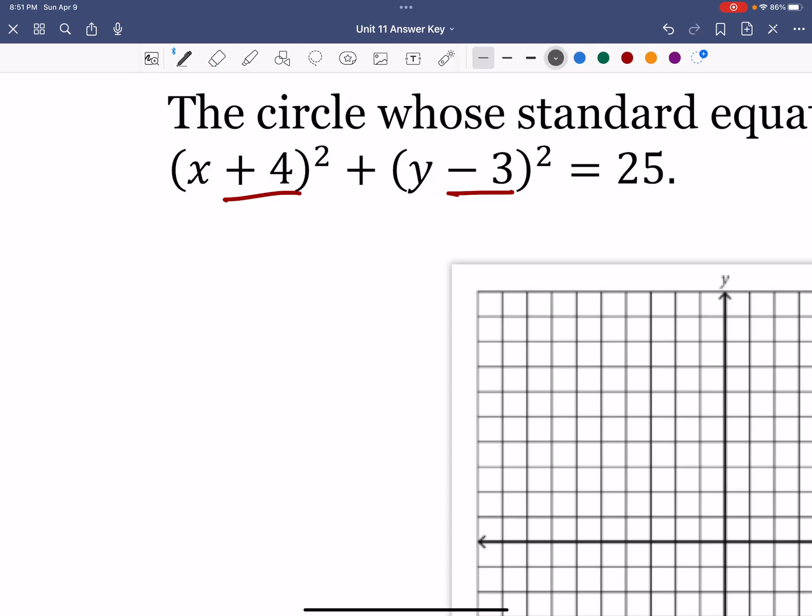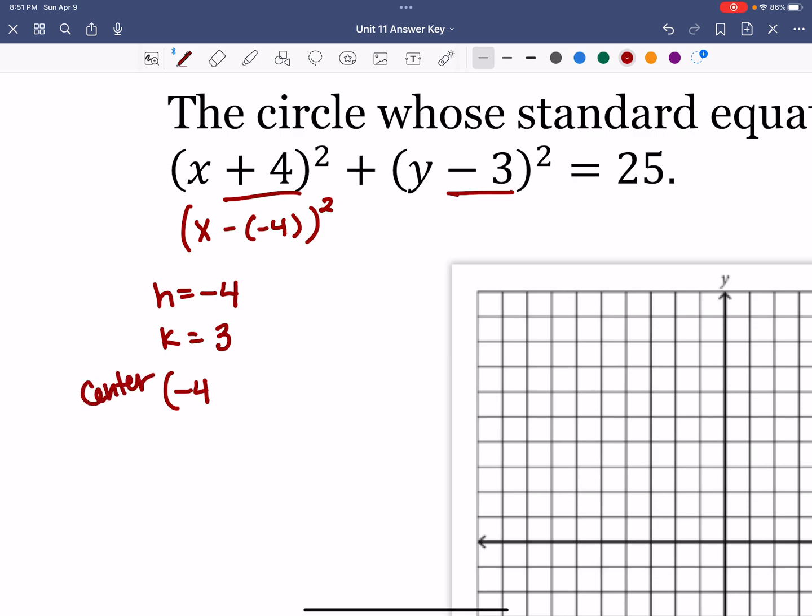However, I have an X plus 4, so I can rewrite this as X minus a negative 4 to get this in my proper standard form. So my H in this case is actually going to be negative 4, and my K is going to be a positive 3. So my coordinate that I'm going to start out with for my center point is going to be negative 4, 3.